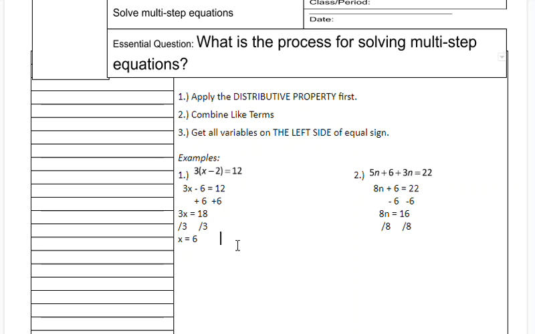And I'm going to be left with n equals 2. So if I plug that back in, 5 times 2 is 10, plus 6 is 16, plus 3 times 2, which is 6. 16 plus 6 gives me 22.